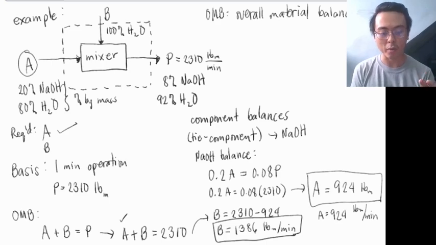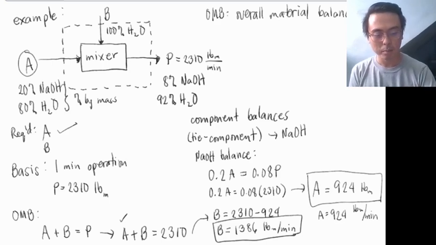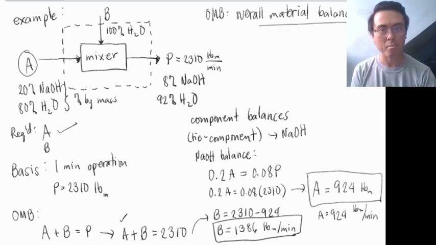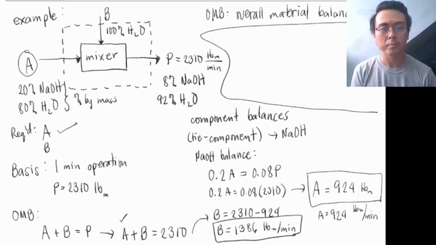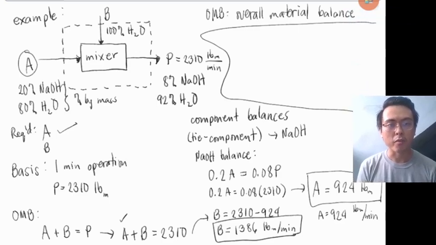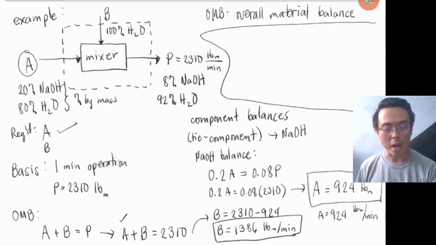We have already performed the first, so let's try to do the second as a way of checking. Okay, so let me write it here in this part. So let's perform a water balance. This is our second component balance.